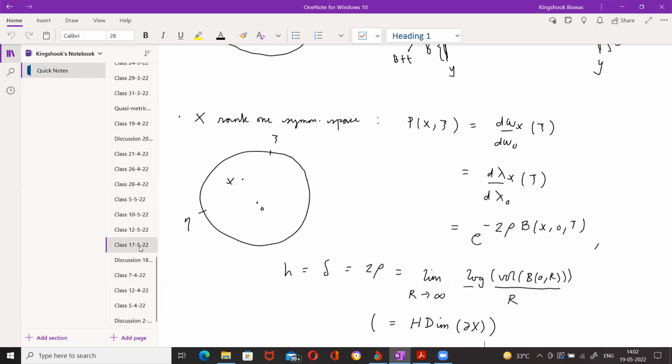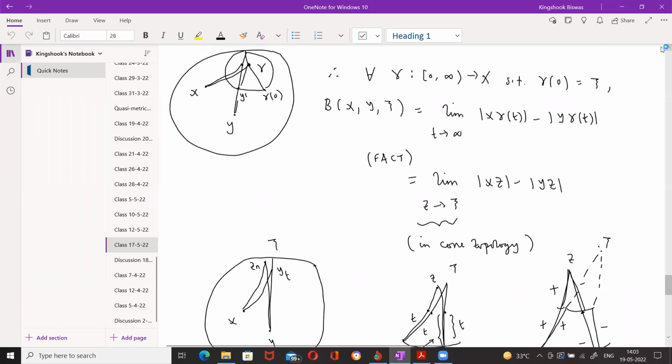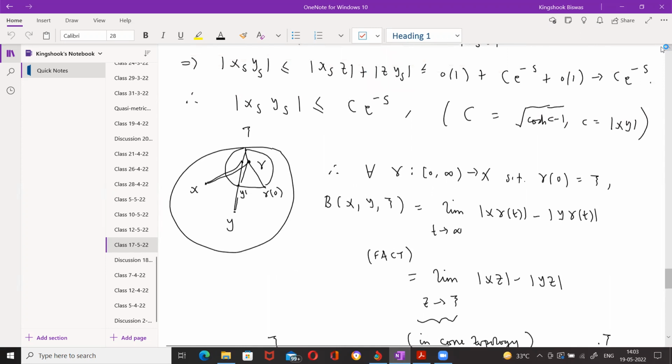This discussion of the Poisson kernel, and we were talking about the Busemann function also, which is a function of three variables. Let me clarify this. We saw that if I take two points x, y and a boundary point xi, then the Busemann function is equal to the limit, for any geodesic ray gamma with endpoint xi, of distance x gamma t minus distance y gamma t.